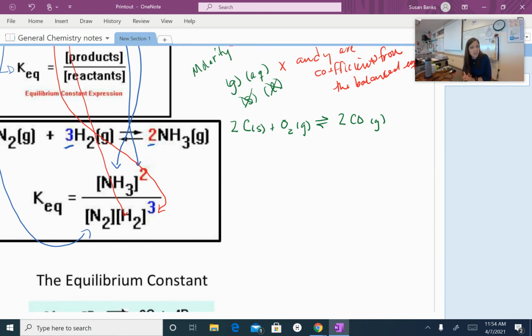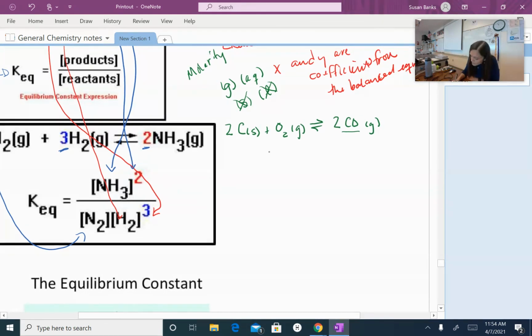Okay, you ready to check? So where are our products? Our products are carbon monoxide. Is it in the gas state? Yes, it is. So we can definitely add that. So we are going to put our concentration of carbon monoxide. And what happens with our coefficients in the balanced equation? Yes, they become exponents. Did you put it as an exponent? Okay, on the bottom, we put our reactants.